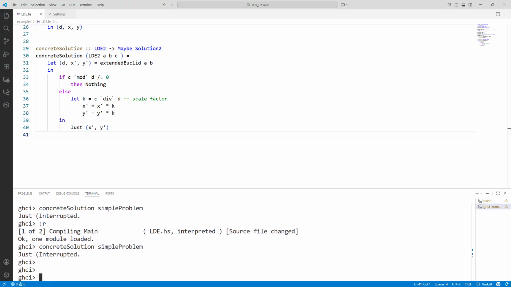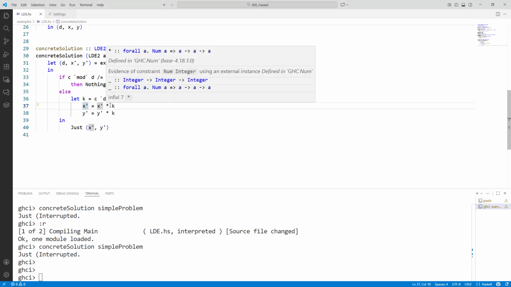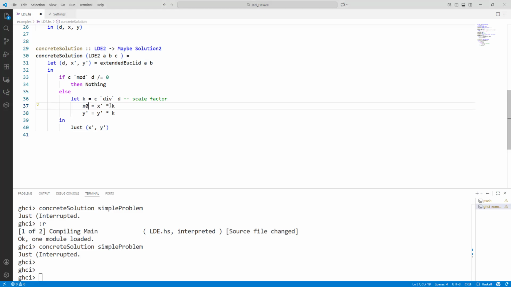Control-C and research. And after a quick research, we found out that we should be using something like this. So to say, not simply returning the x prime and the y prime, but returning what should be returned in the Just. So, okay.